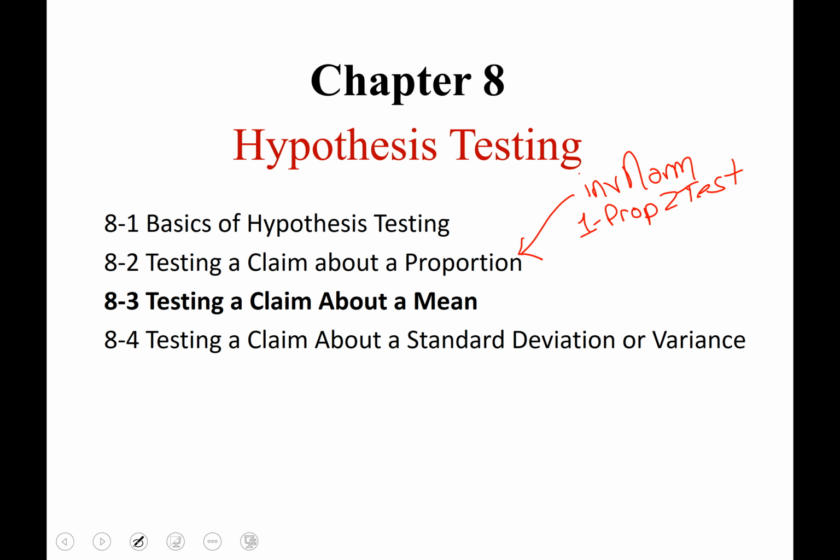Okay, now let's switch it to this section, 8.3. We're going to be testing claims about means. With means, we have to decide between Z or T. So based on sigma, I'm going to go this way. Two cases.